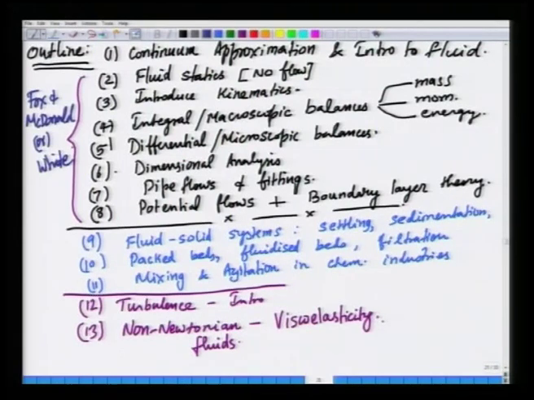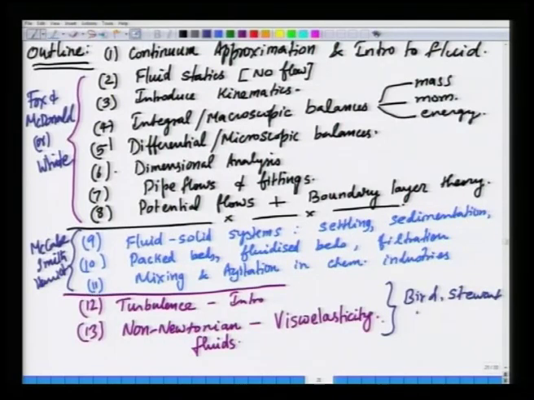Okay. For these, in addition to the lecture notes, you can follow McCabe, Smith and Harriott. For these, you can follow Bird, Stewart and Lightfoot, Transport Phenomena. Okay. So, this is the rough agenda for this course.